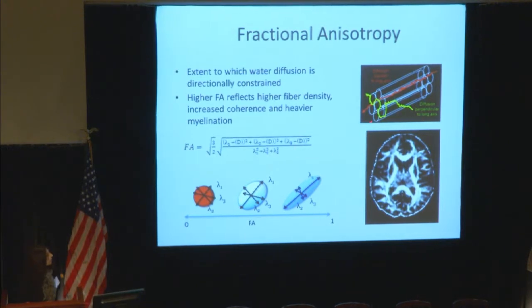And it's an estimate of the extent to which the water diffusion is directionally constrained. So with higher fiber density or increased coherence and heavier myelination, you get a higher FA, more towards 1. And if the diffusion is completely isotropic and equal in all directions, you get an FA of 0.